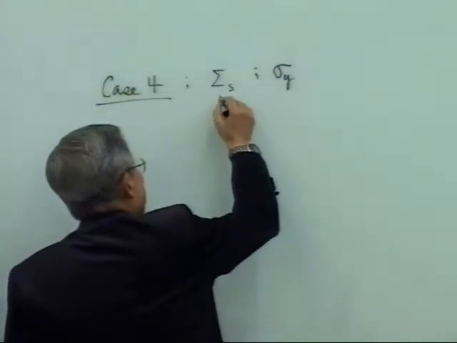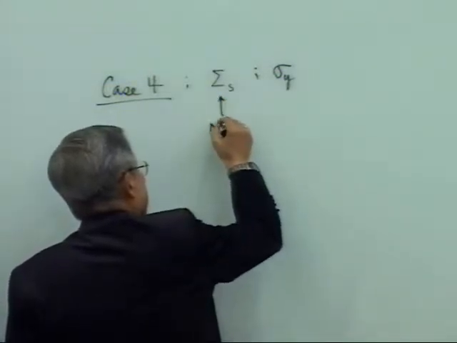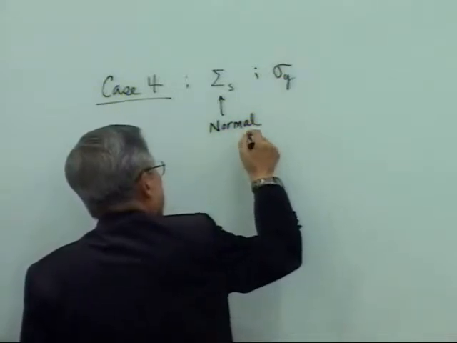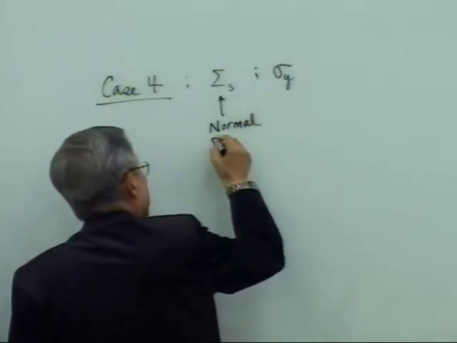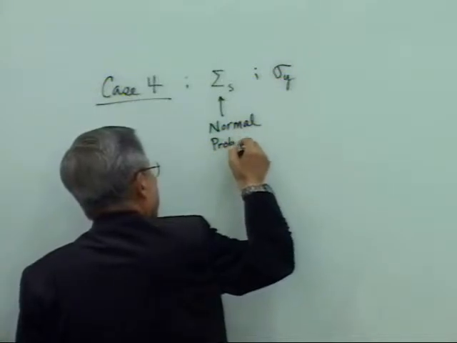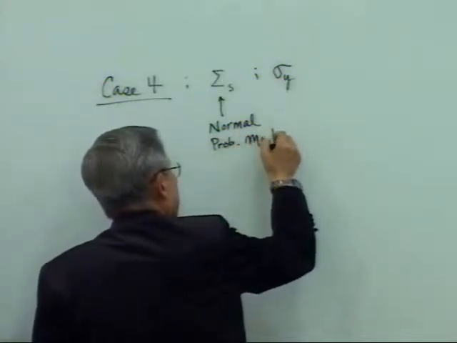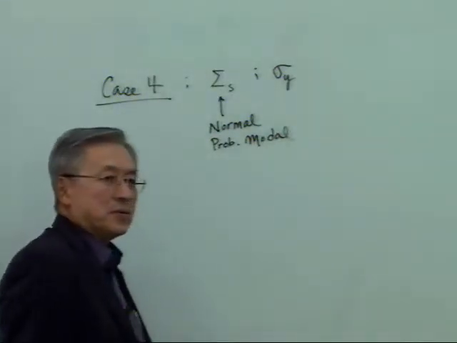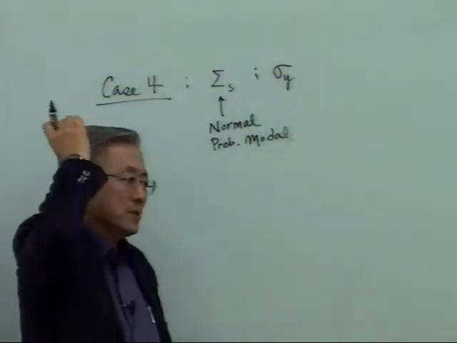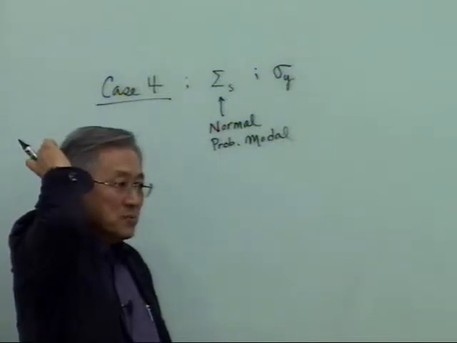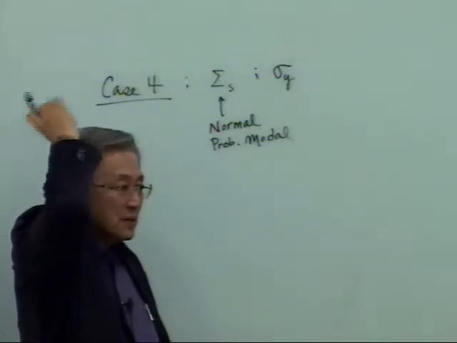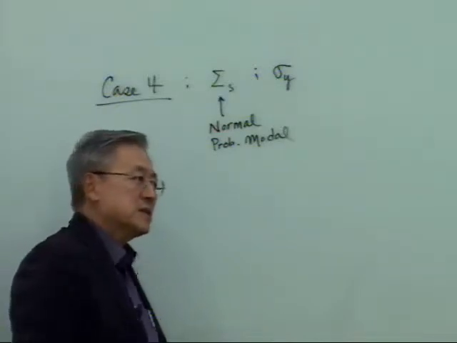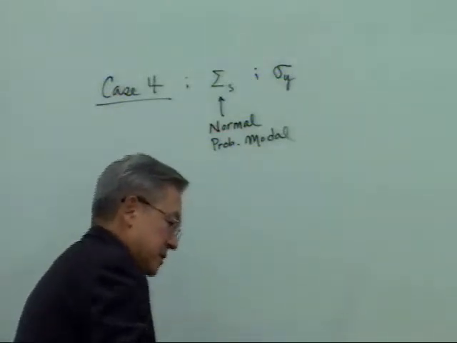And here we're going to look at again the normal probability model. Whenever you hear the normal probability model, which is the simplest and usually can get the closed form solution, then you can easily compute and all that.